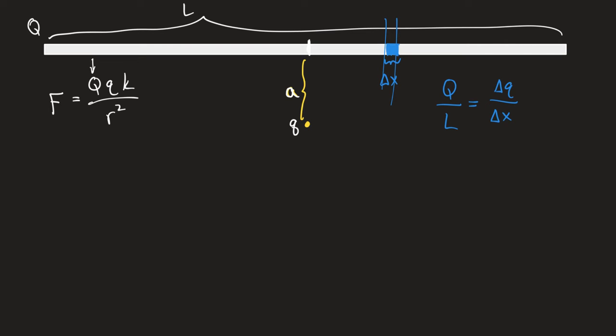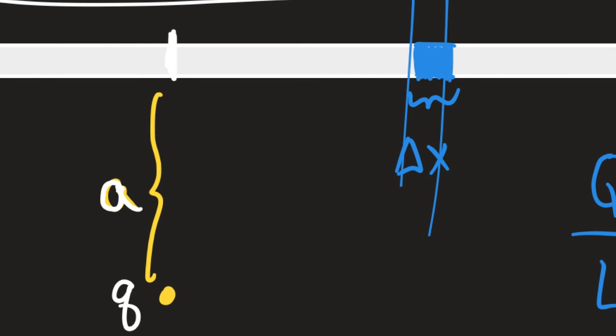But part of the problem with using delta is something microscopic. If I zoom in here and I think about it for just a little bit, this portion of the bar, you guys see where I'm identifying that portion of the bar? That's closer to q than this portion of the bar, isn't it?